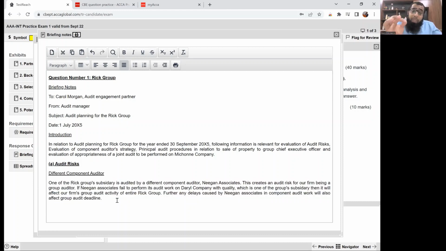Now, one thing which you have to take care of: in the professional marks, the examiner says don't just identify the issues, also give the solution.